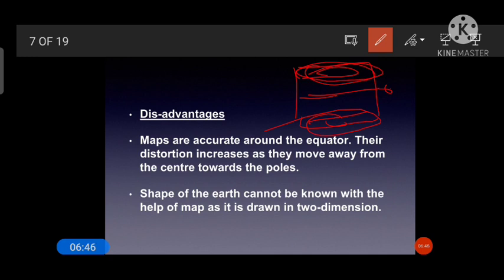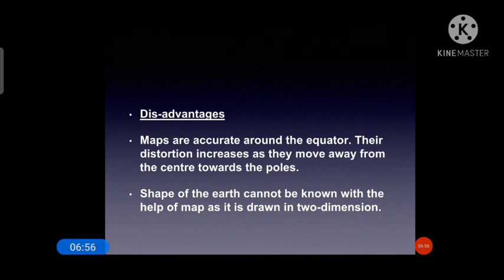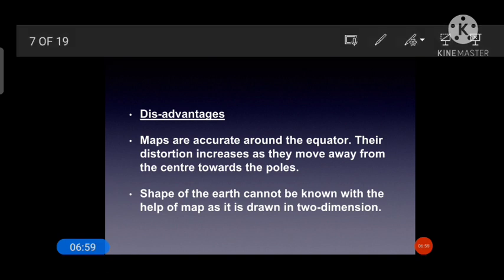Okay, now next we will see that the shape of the earth cannot be known with the help of a map, as it is drawn in 2 dimensions. As it is mentioned earlier that a map is drawn in a 2-dimensional model, so shape cannot be known with the help of a map.